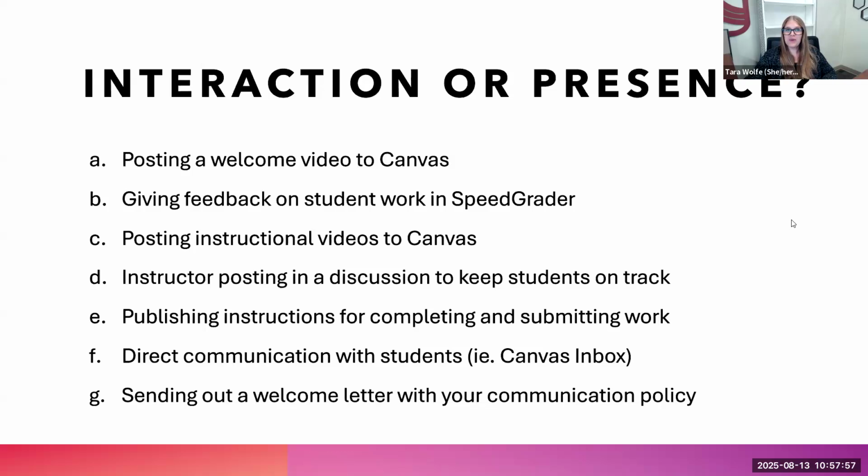So take a moment and think whether these would be interaction or presence. And yes, all of them are either interaction or presence, but you'll have to choose which ones are presence and which ones are interaction.